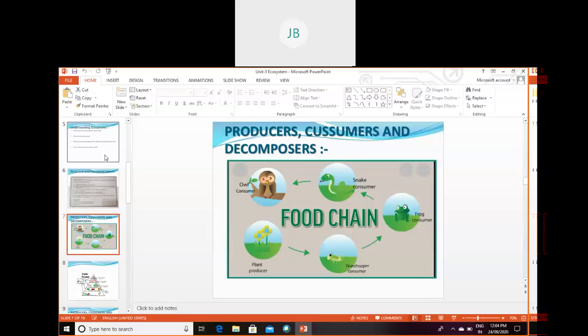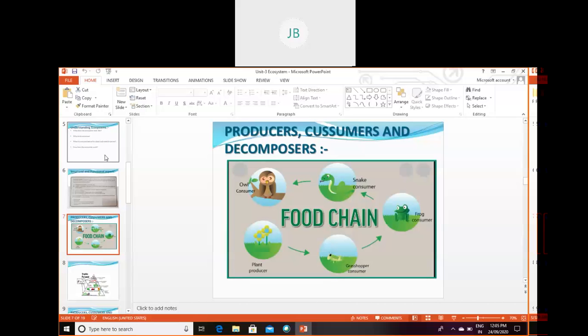So herbivores feed on the plants, which are the producers, and then carnivorous animals feed on the herbivorous animals. These are the different trophic levels in the ecosystem.